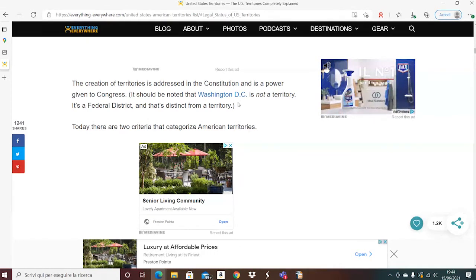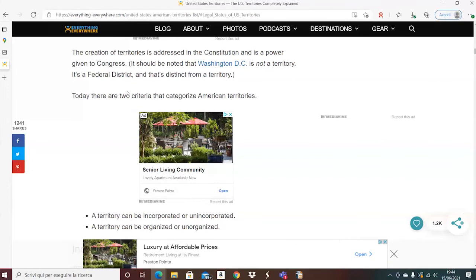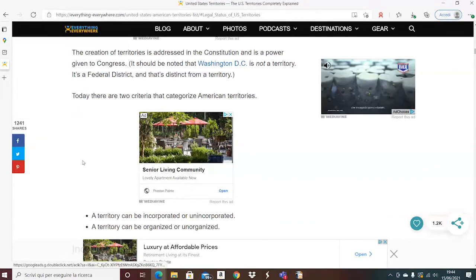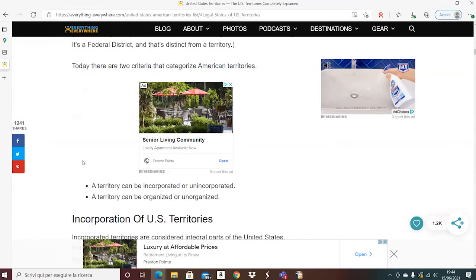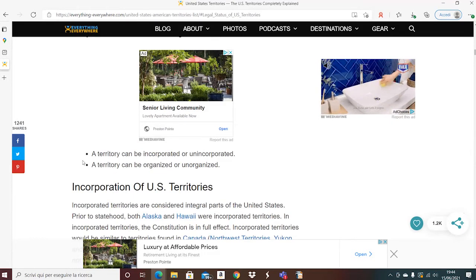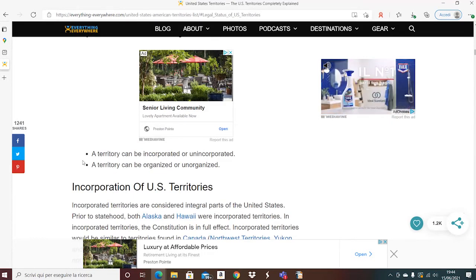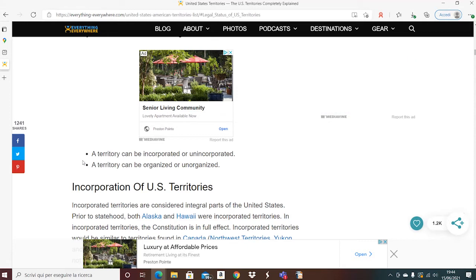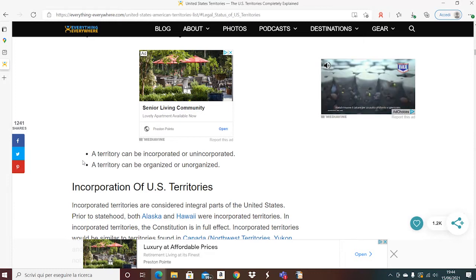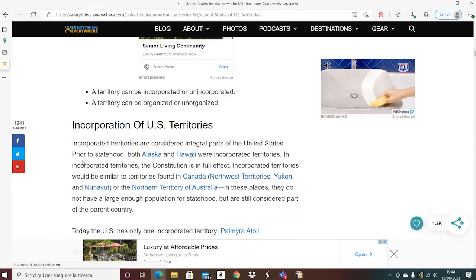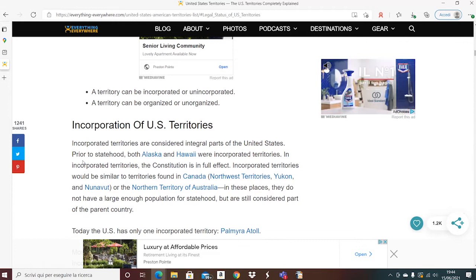Today, there are two criteria that categorize American territories. A territory can be incorporated or unincorporated. A territory can be organized or unorganized. So, the incorporation of US territories.